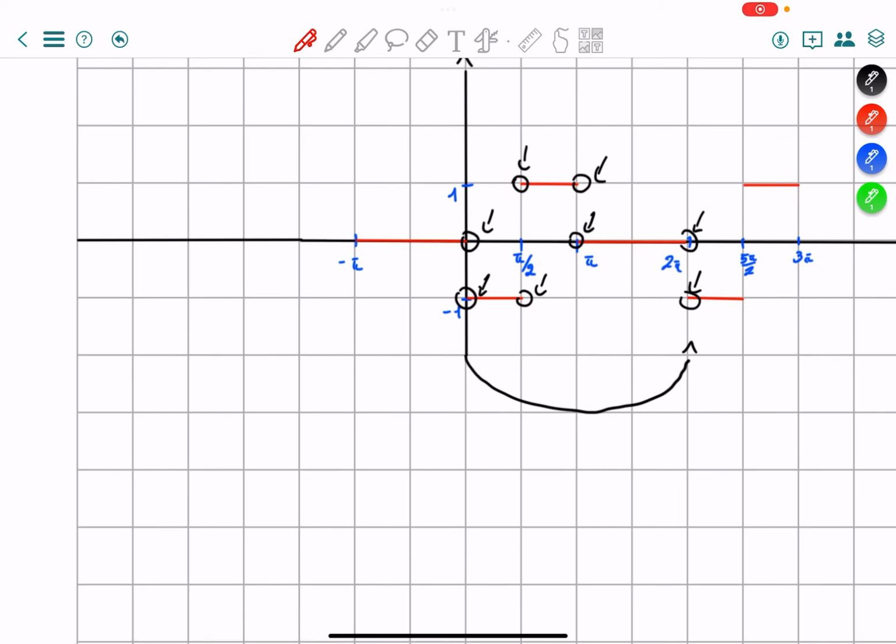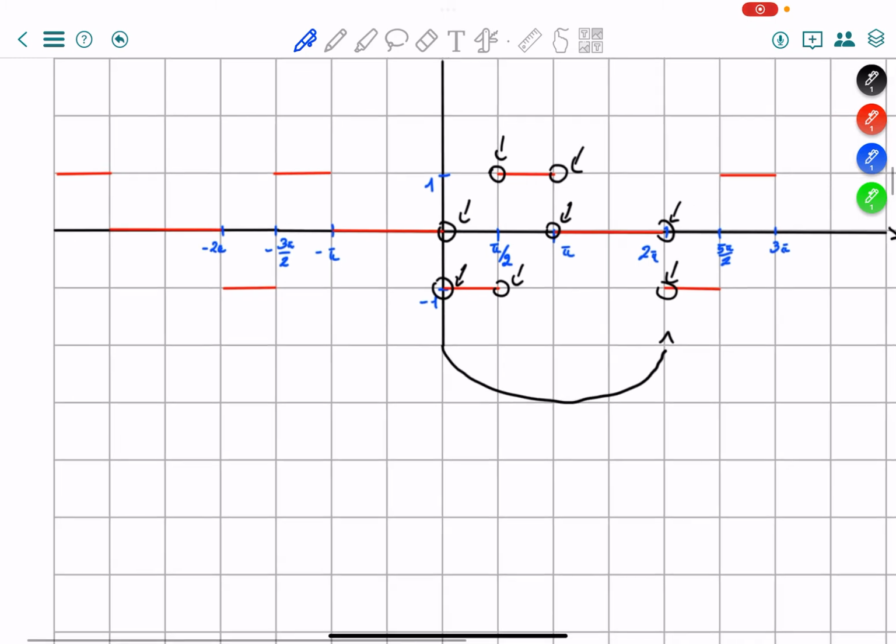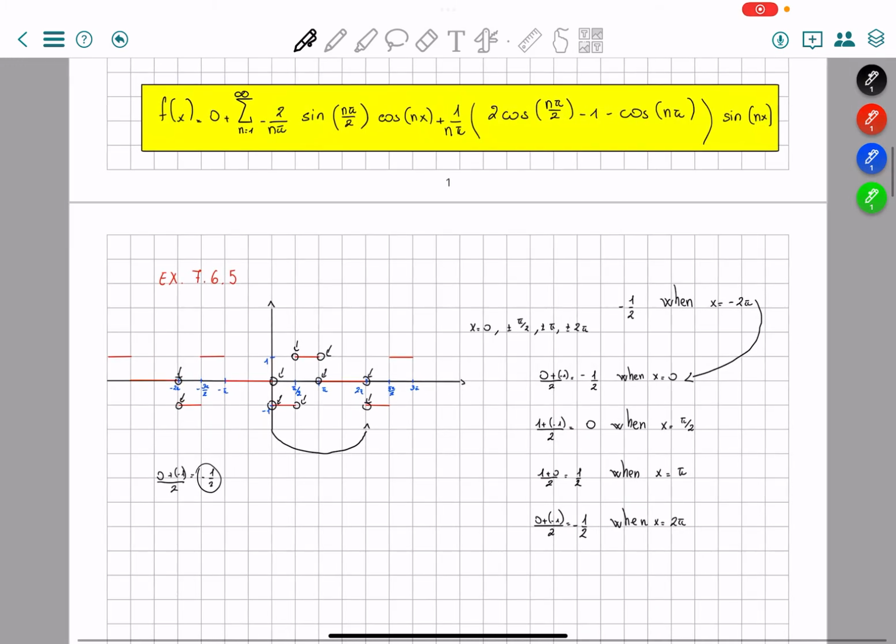We know it's periodic, so here on top, here on the bottom, and then again on the top and on the bottom. Here we have negative 3 pi over 2, here negative 2 pi. The values right here: here it's 0, here it's negative 1, divided by 2 is negative 1/2, exactly like we predicted.